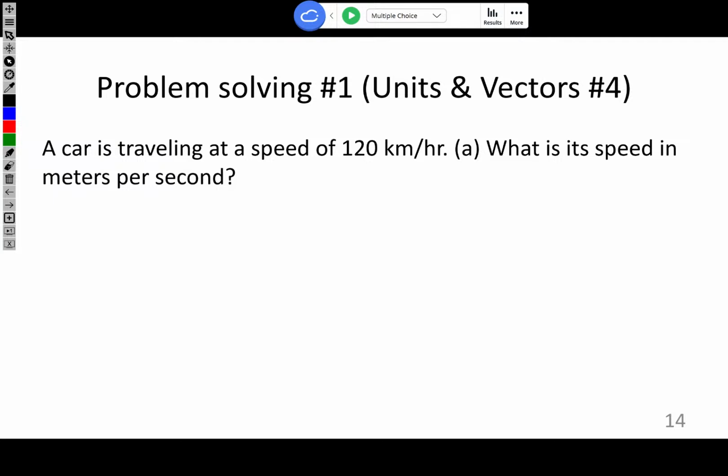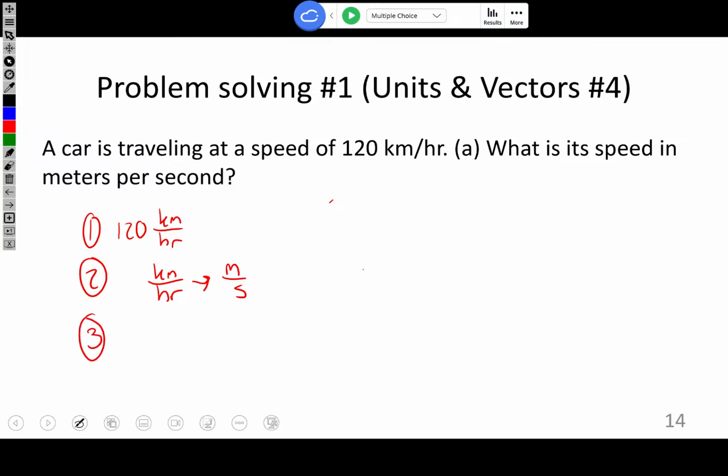Let's go through the problem solving process. Step 1, what's given? We have 120 kilometers per hour. Step 2, what are we trying to do? We are trying to convert from kilometers per hour to meters per second. Step 3, how are we going to do that?